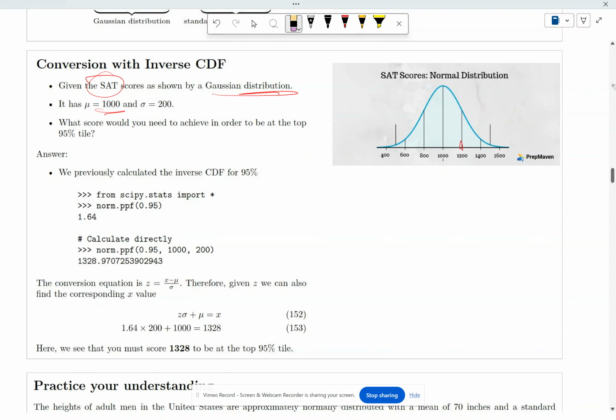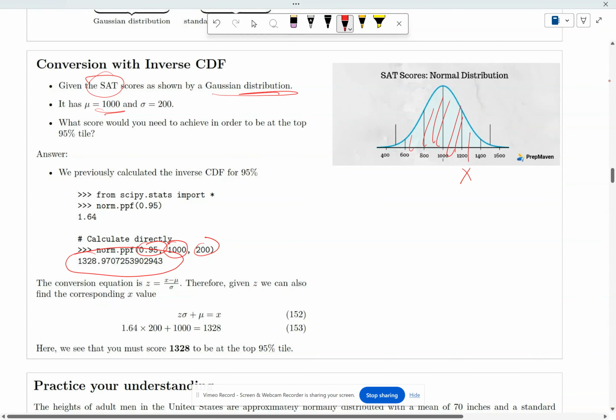So what would the x be such that the area here will be 95%? Well, it's pretty easy. If you know the 95 percentile, you can do the inverse, PPF. You put the mean, and then you put the standard deviation, and it tells you the score. So you needed to score 1328.